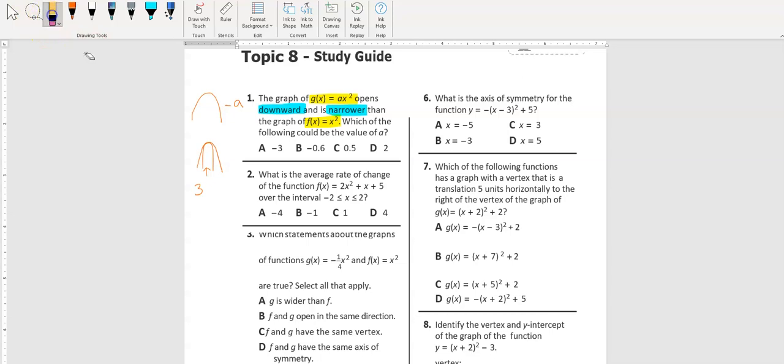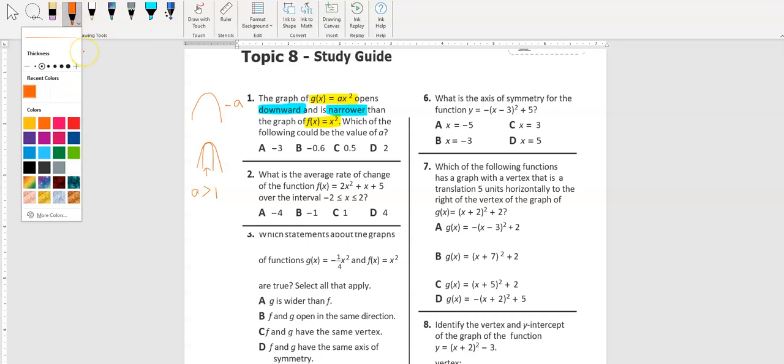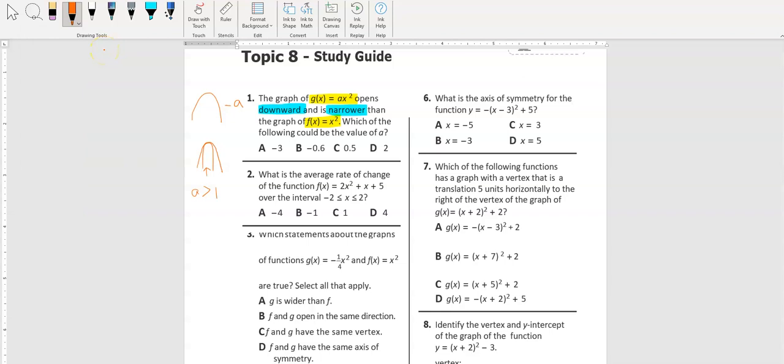So let's write it more generically: a is going to be greater than 1, whereas graphs that are wider than my parent function are graphs where a is less than 1. And I'm pretty sure it's the absolute value of a, because you can't have it be negative, and that's okay.